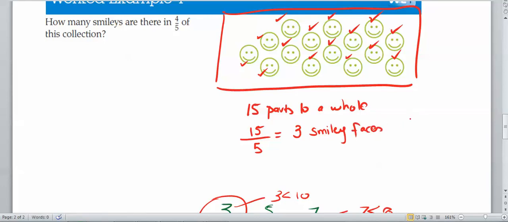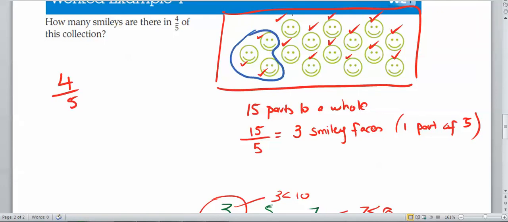is 1 part of 5 parts. So let's say we now have 3 smiley faces, so 4/5 of this, so let's split this up into 1, that's 1 part, that's 2 parts, 3 parts, 4 parts, and 5 parts.